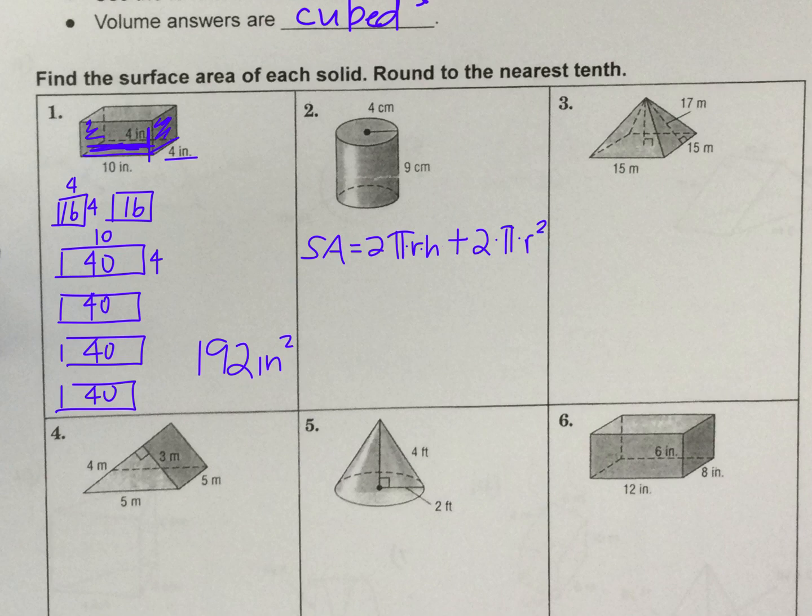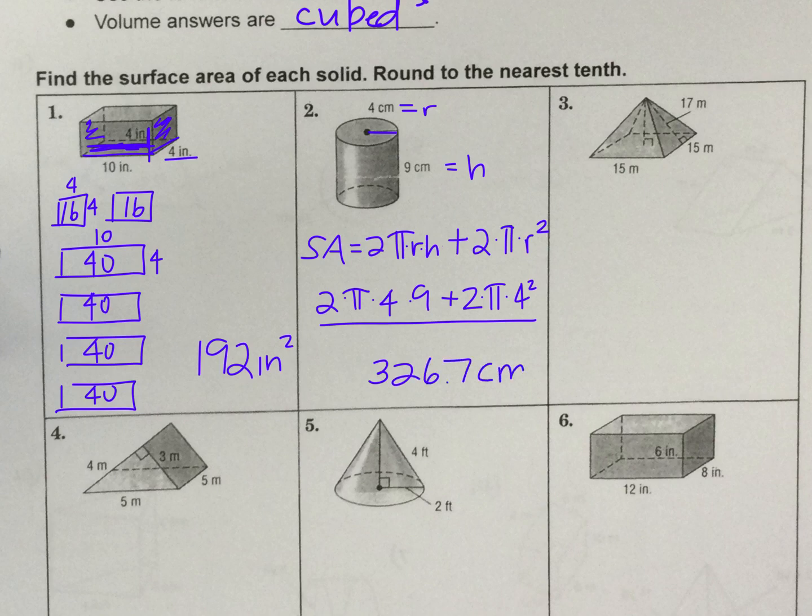So I know my r is 4 and 9 is my height. So in your calculator you just type 2 times pi times 4 times 9 plus 2 times pi times 4 squared. When you type that exactly in your calculator, you come up with 326.7 centimeters squared.